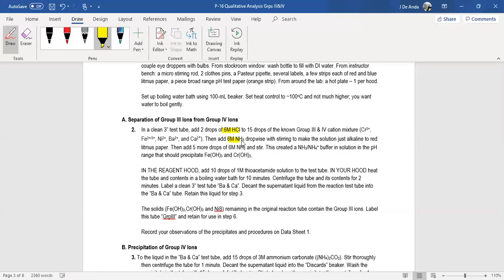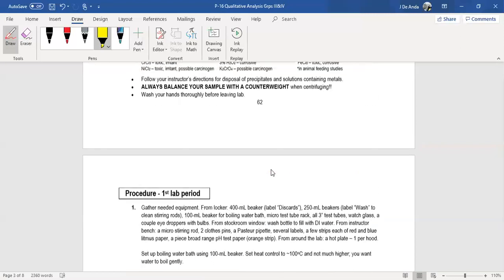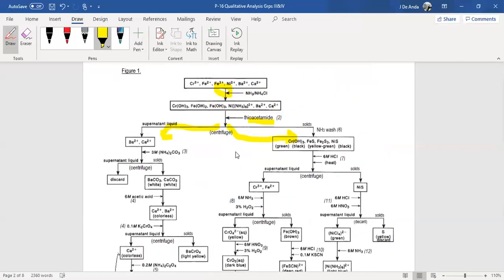The objective of this is essentially to generate a buffer, and this buffer is going to help with the precipitation. Notice that initially you precipitate the iron ions and the chromium ions as hydroxides, and after that is when you're going to add the thioacetamide.